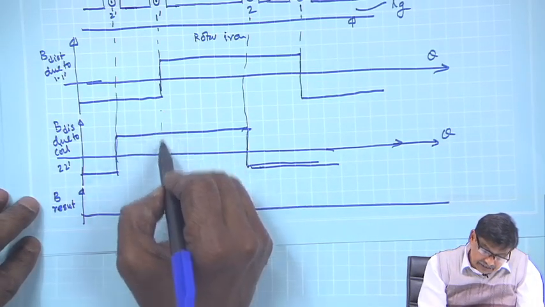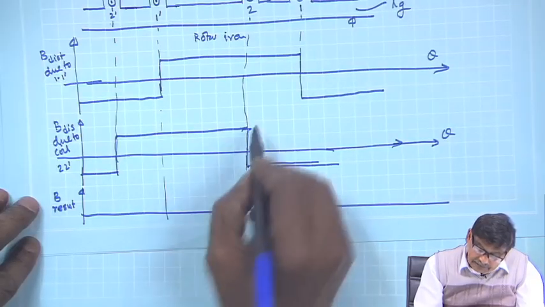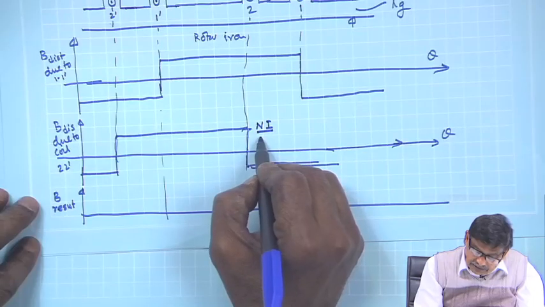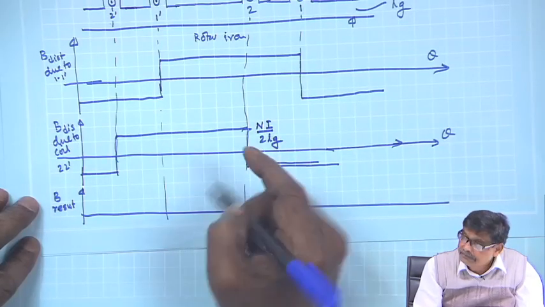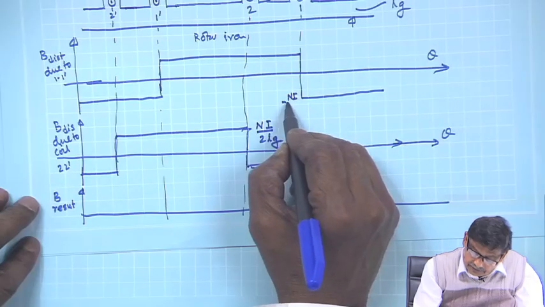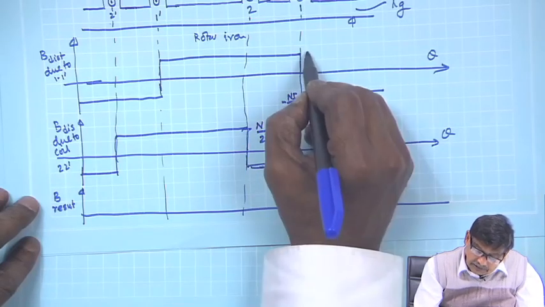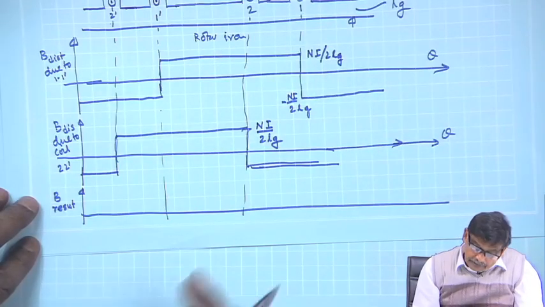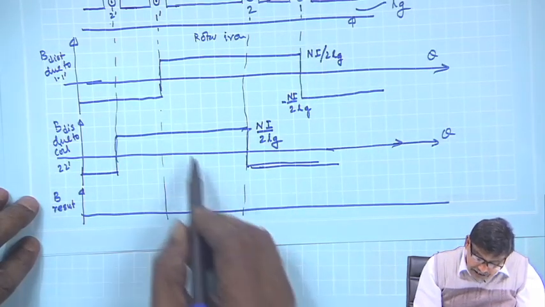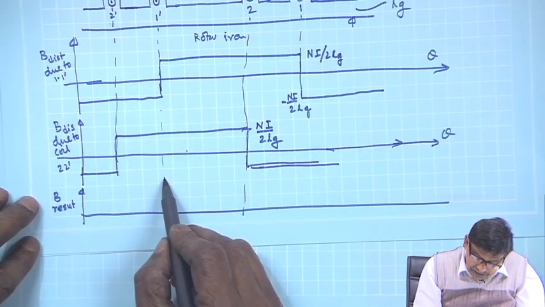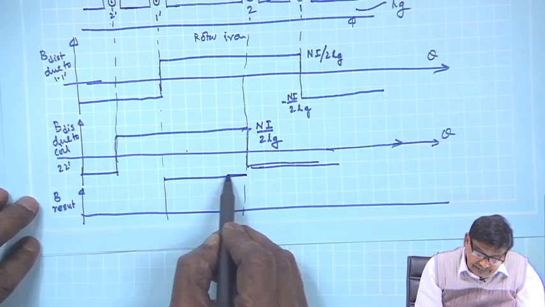So, here in this zone you can see, suppose this is N I by 2 L G, and minus N I by 2 L G is this level. This is also N I by 2 L G, because the coils are identical. Therefore, during this zone it will be this plus this. So, it will be higher like this.